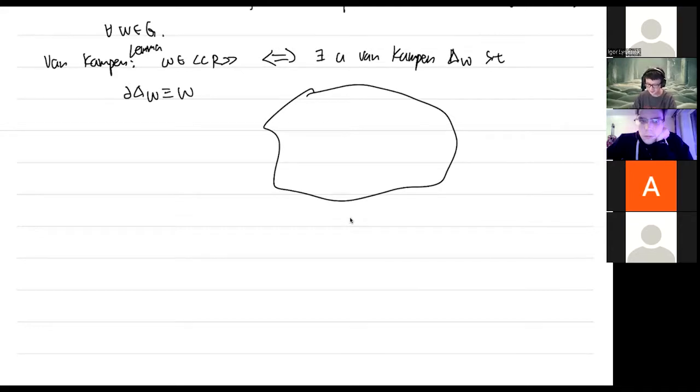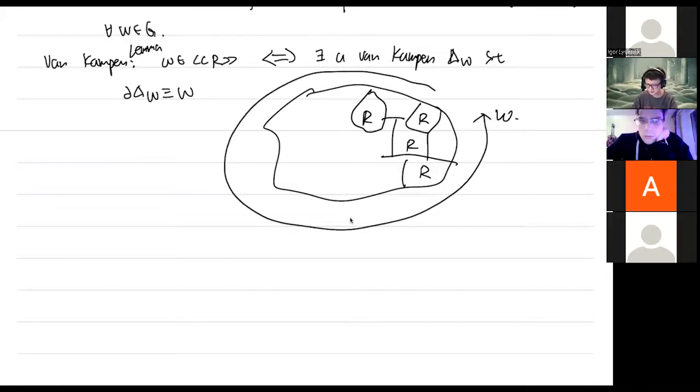You have a diagram and each cell is labeled by R. So you tessellate the whole diagram and each cell is labeled by R. And the boundary of this is read by the word W.